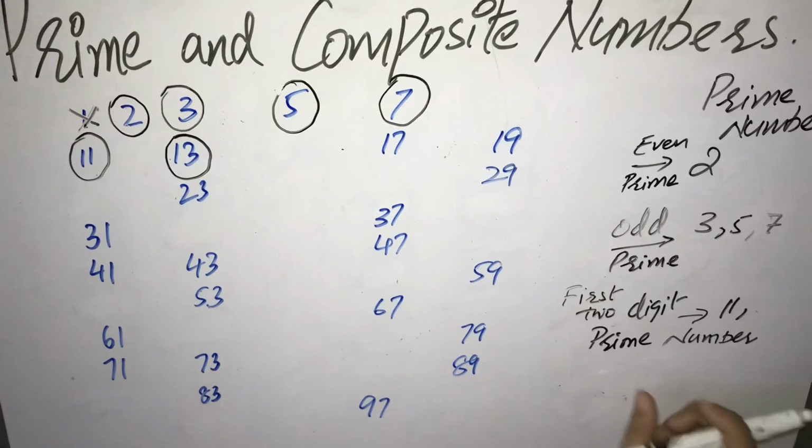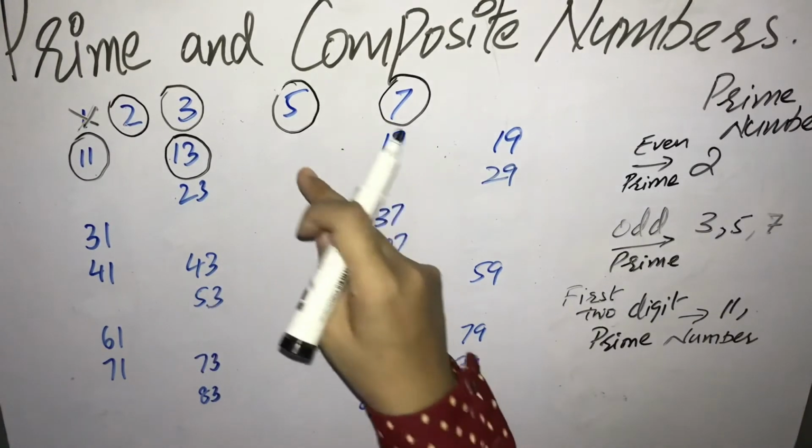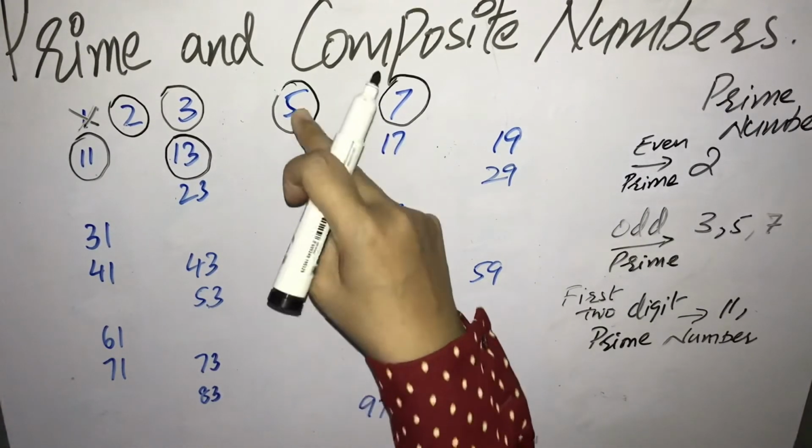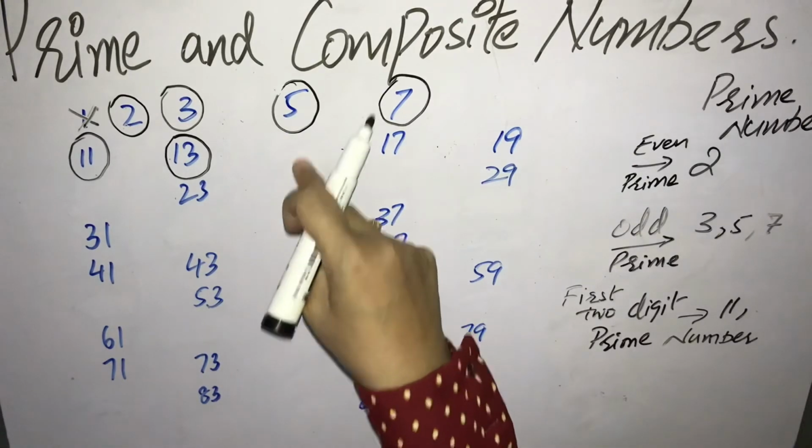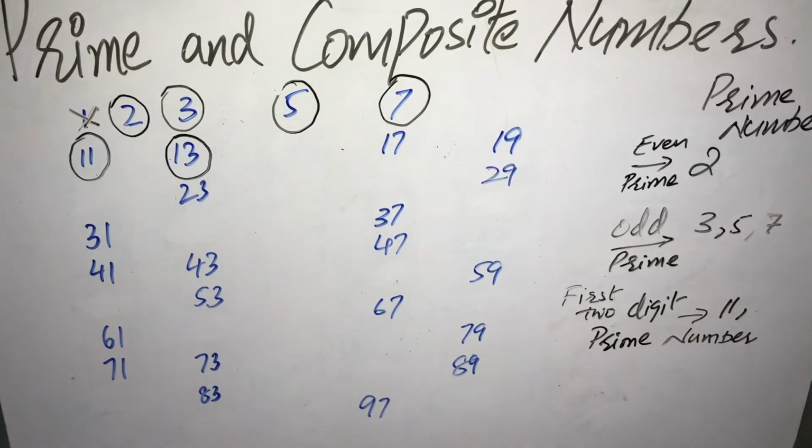Now come to 14. 14 was even, erased. 15, the multiples of 5 are erased.